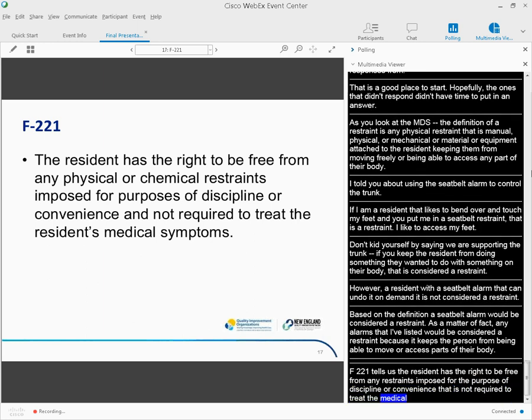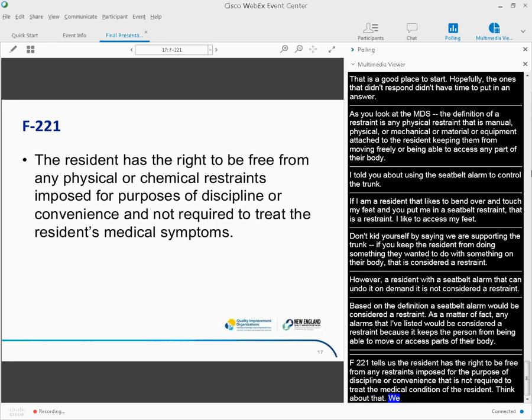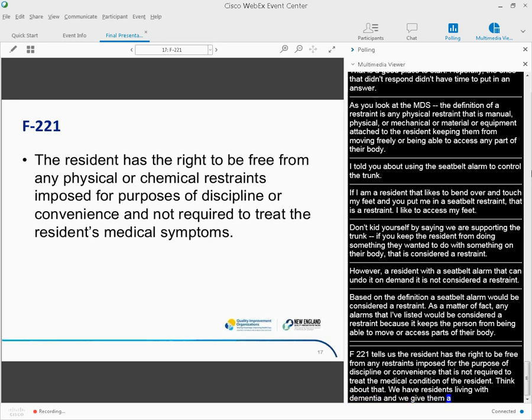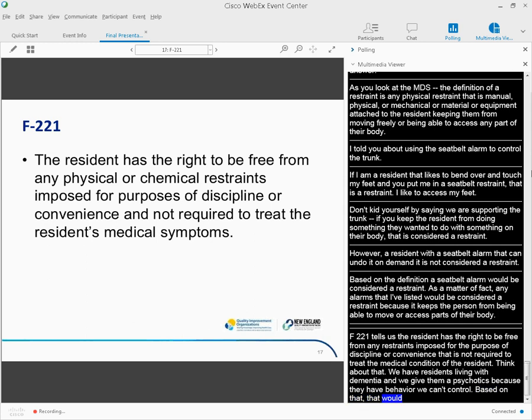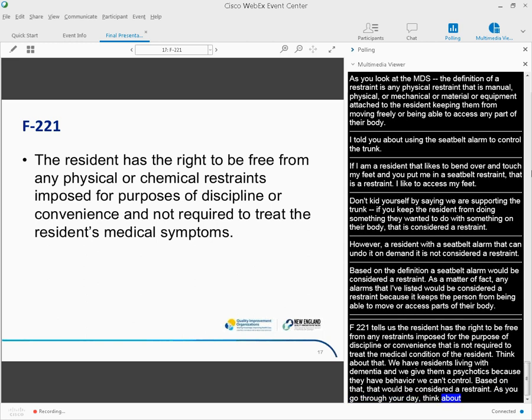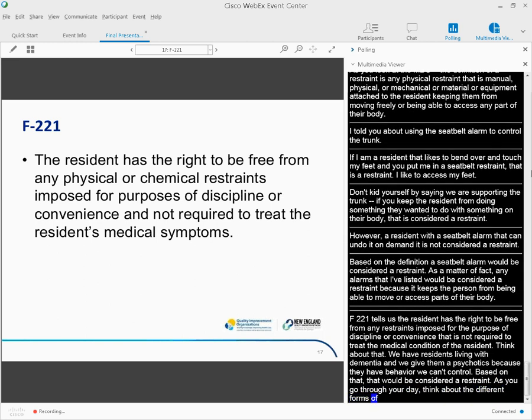We have residents living with dementia that we give antipsychotics because, quote unquote, they're having behaviors that we cannot control. Based on this, that would be considered a restraint. So think about, as you go through your day, the different forms of non-physical restraints that we put on our residents. Next slide, please.